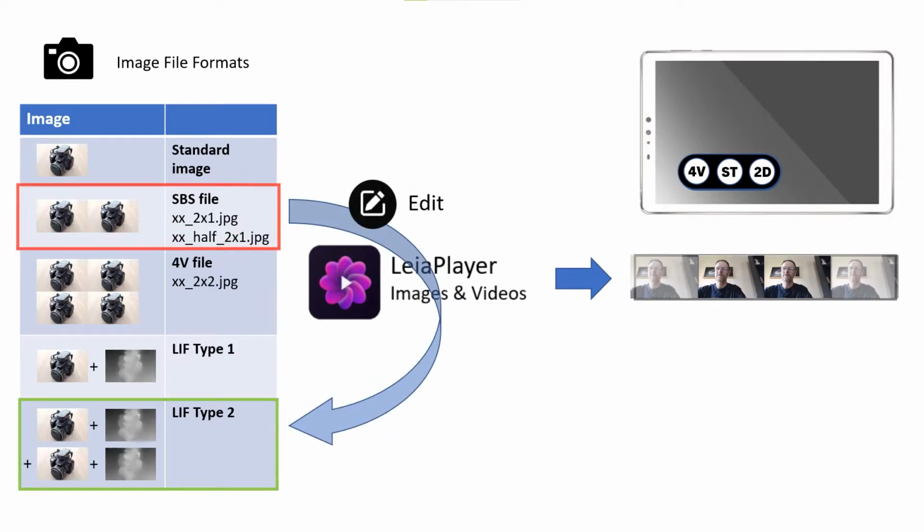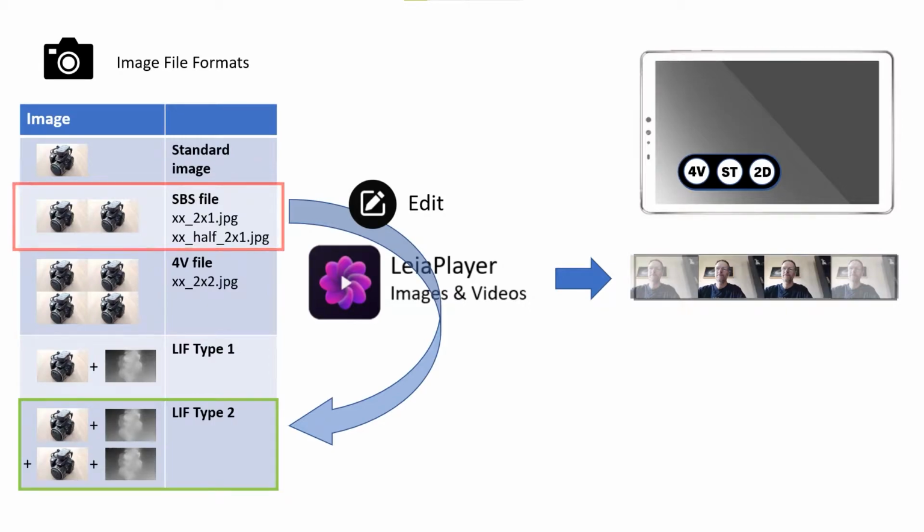Also, if you edit the file, and you do have the ability to edit this type of file, you will store it as a LIF type 2 file, so a Leia image format, and this is the second type of file.